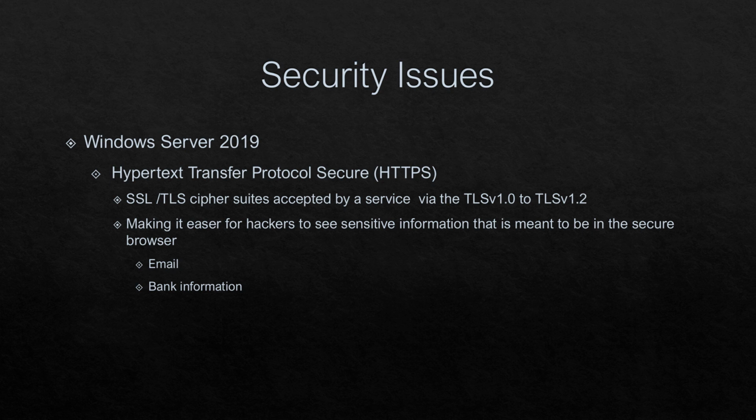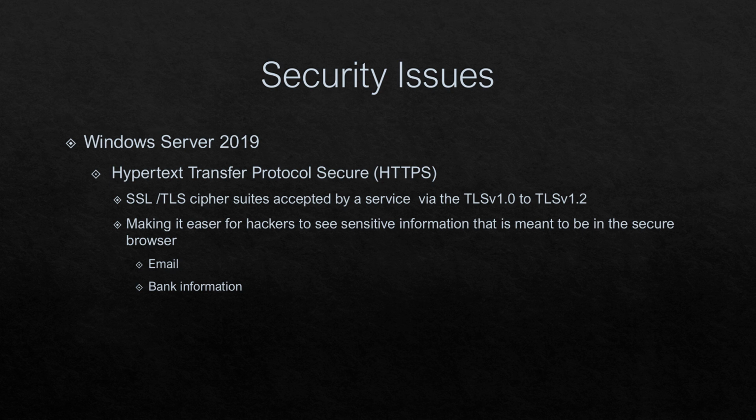So now what I would like to explain is that after running my vulnerability scan for my Windows server alone, I only found one issue and it was medium. I didn't put the actual score, but it was medium, and it was for my HTTPS, which is Hypertext Transfer Protocol Secure.